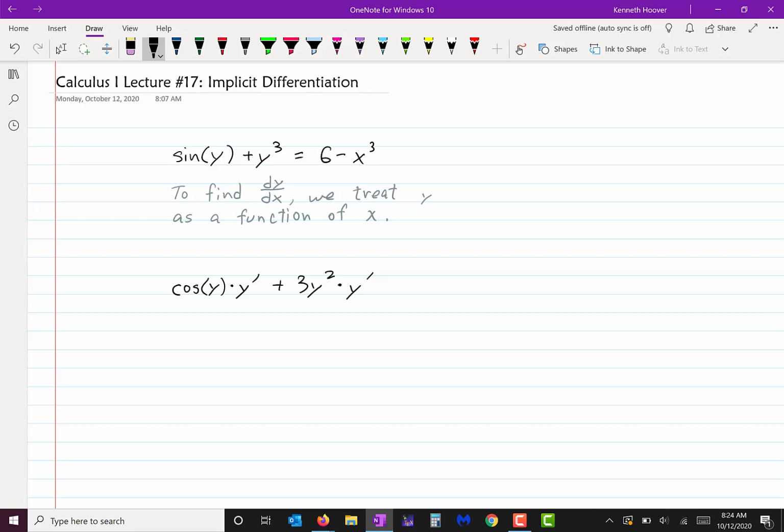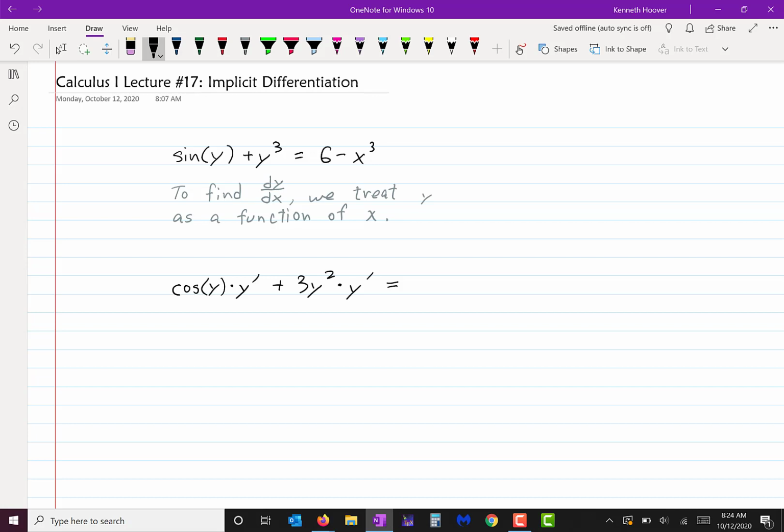And then I hit the equal sign. Then I get to the other side. The derivative of 6 with respect to x is 0. Then I have minus x cubed. The derivative of that with respect to x is, by the way, when I say with respect to x, I'm just saying x is the independent variable. That's all I'm saying. Okay? X is the input variable.